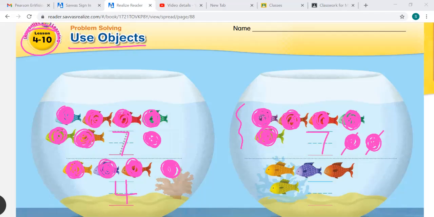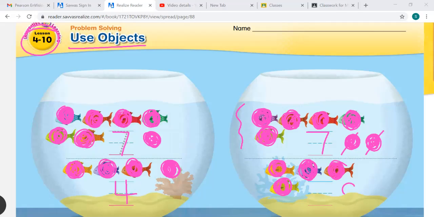Okay. All right. Last set of fish. I see 4 fish. And then I see 2 more. So let's use our counters. 1, 2, 3, 4.